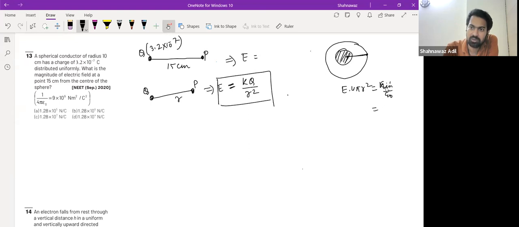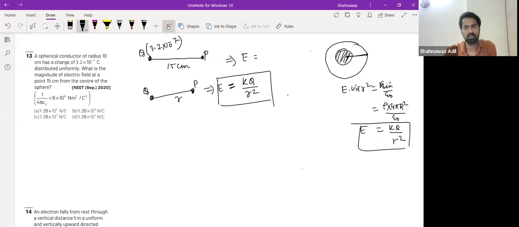Q enclosed would be rho into 4 pi r square, so this would come out to be KQ by r square. We learned about this in Gauss's law.